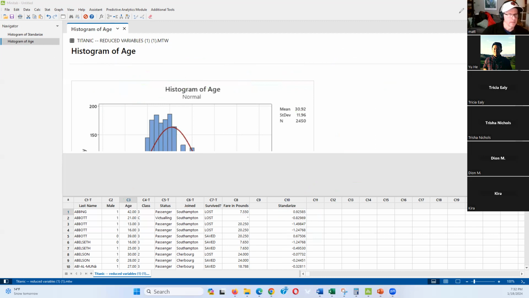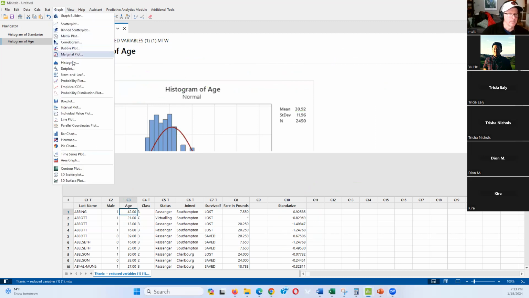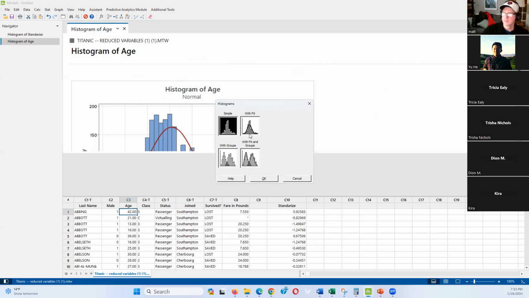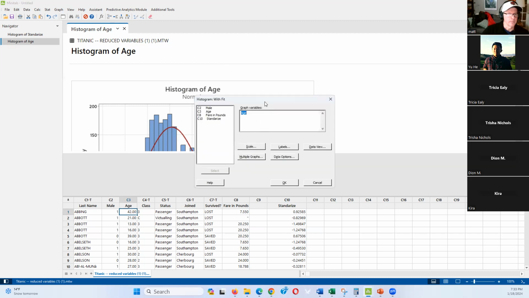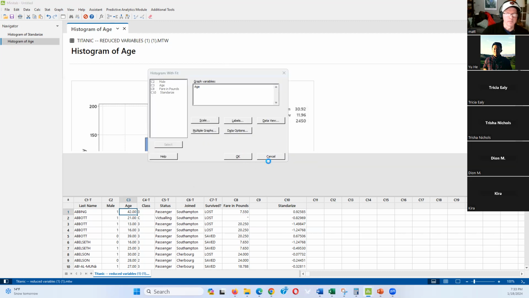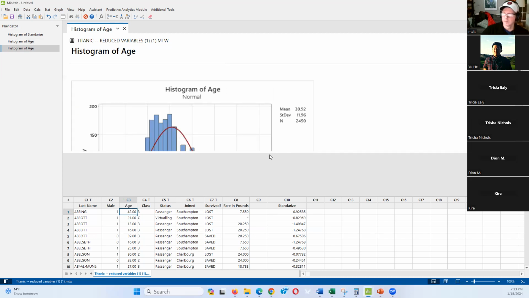Okay. So go under graph and you have histogram, and this part, with fit. So with fit option, you do the age and you get this. So you get this one.